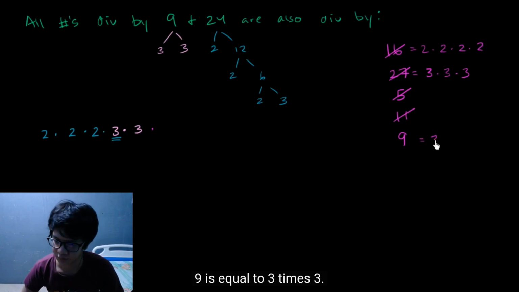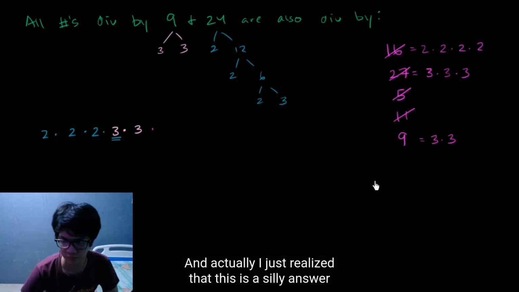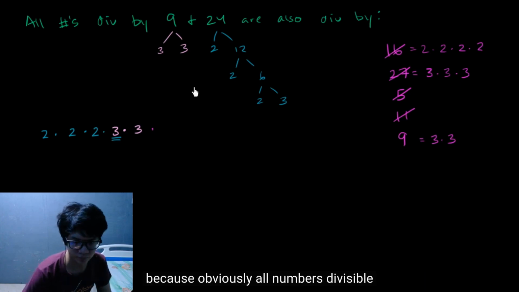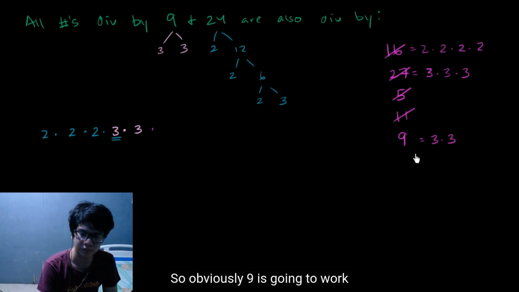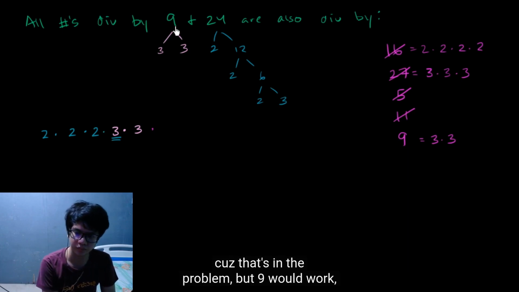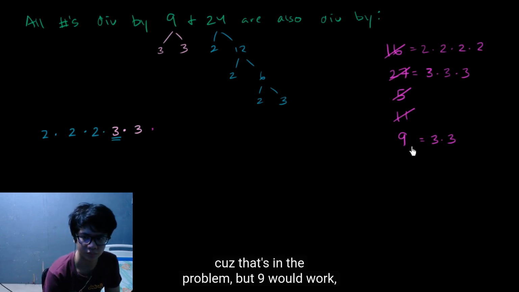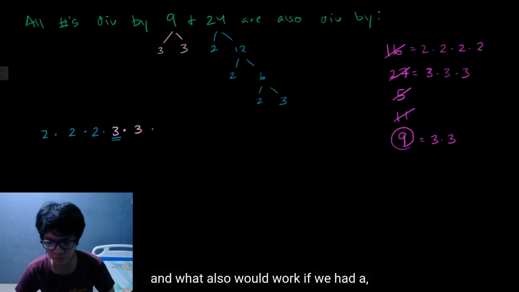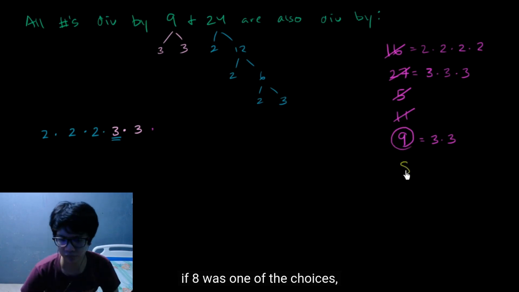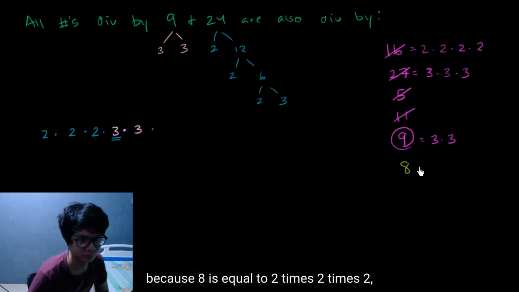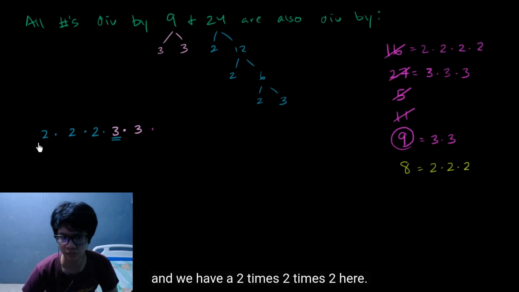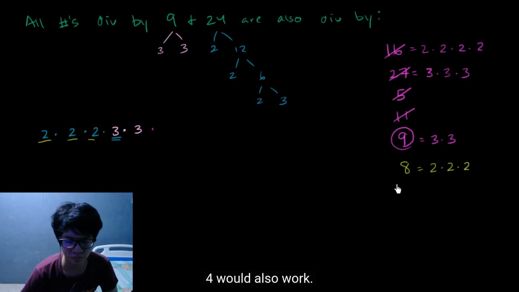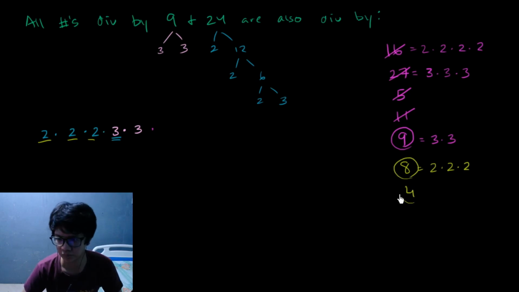9 is equal to 3 times 3. And actually, I just realized that this is a silly answer because obviously all numbers divisible by 9 and 24 are also divisible by 9. So obviously 9 is going to work, but I shouldn't have made that a choice because that's in the problem. But what also would work is if 8 was one of the choices, because 8 is equal to 2 times 2 times 2, and we have a 2 times 2 times 2 here. 4 would also work.